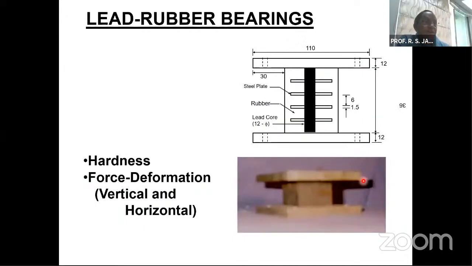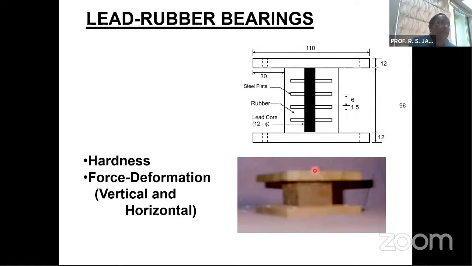Now, apart from the two isolation systems, laminated rubber bearings and the sliding isolation system, we also developed a small scale model of a lead rubber bearing, in which a hole of 12 mm was made in the bearing, and in that hole the lead was inserted. So this is the lead core that is inserted in the bearing. This is the actual photograph of the lead rubber bearing.